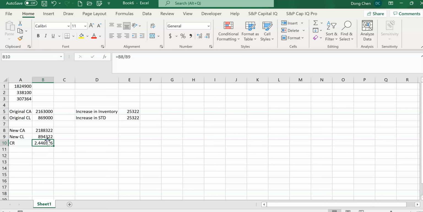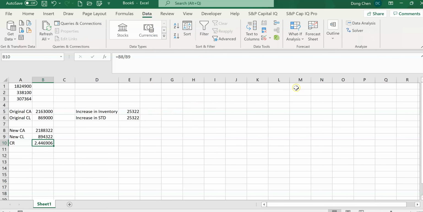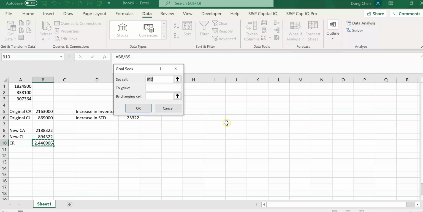So it's obviously not the correct answer, but there's one function in Excel that can help me figure it out. The function is within the Data tab. Click on Data, then What-If Analysis, and Goal Seek. This is the golden function I'm going to use to figure out this answer.